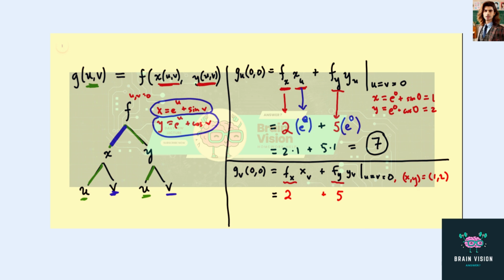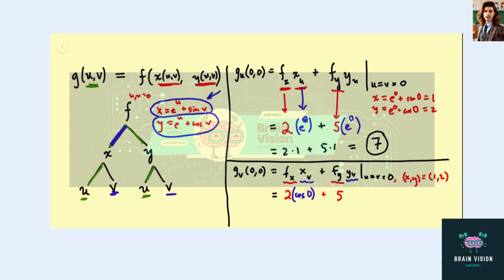What does change, we want x partial v. So let's look over here. The definition of x is e to the u plus sine v. So only the sine v will contribute to the partial v derivative. The derivative of sine v is cosine v, but remember at this point v equals 0.